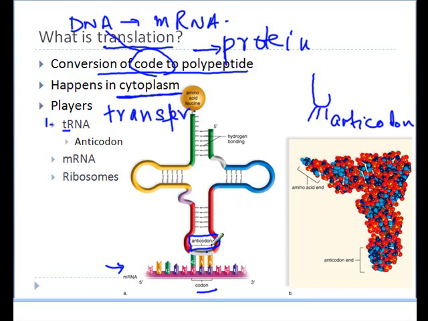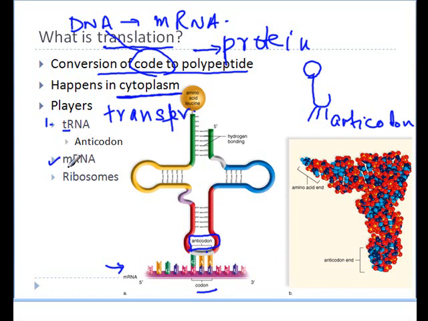Now on one end it has the anticodon, and on the other end the tRNA has an amino acid. Since there are 20 different amino acids, there are going to be different amino acids pertaining to each tRNA. So each tRNA will have its anticodon and a corresponding amino acid next to it.